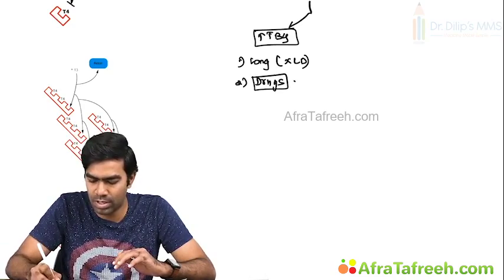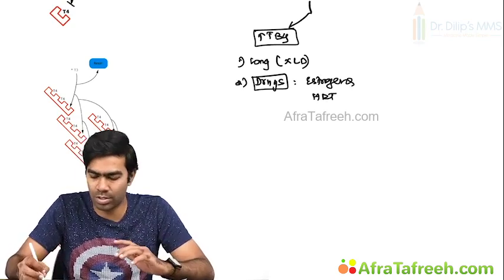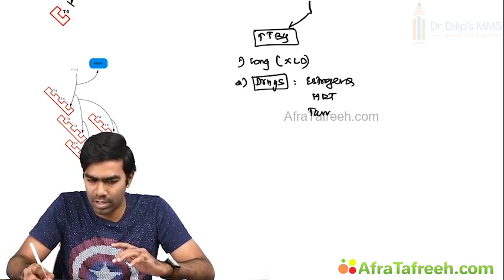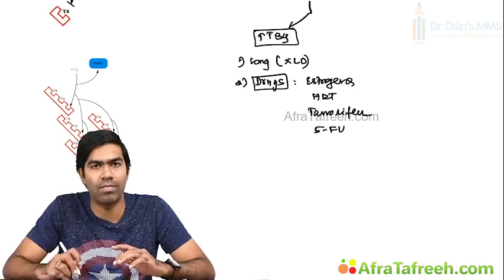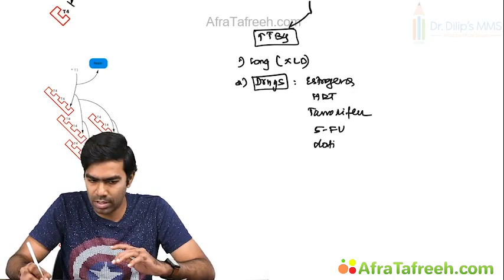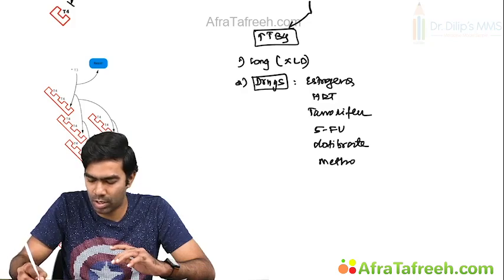The most important drugs that are very regularly asked in exams are estrogens, or giving hormone replacement therapy, again due to estrogens, or receiving tamoxifen, or some of the anti-cancer drugs like 5-fluorouracil, other drugs like clofibrate, and opioids like methadone or heroin.